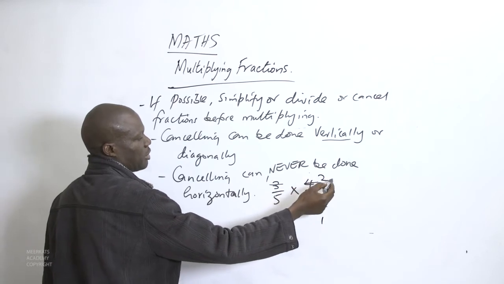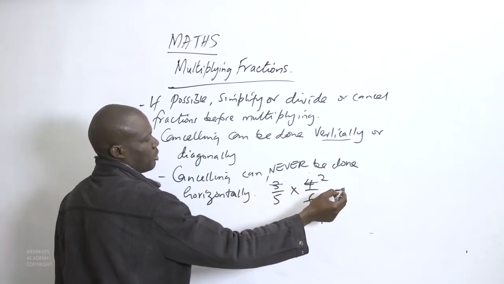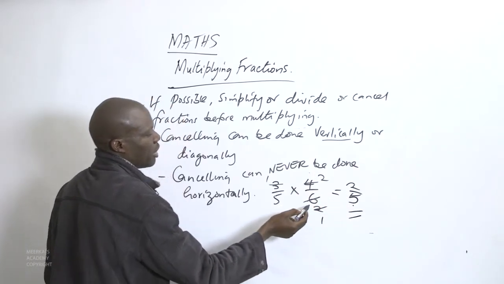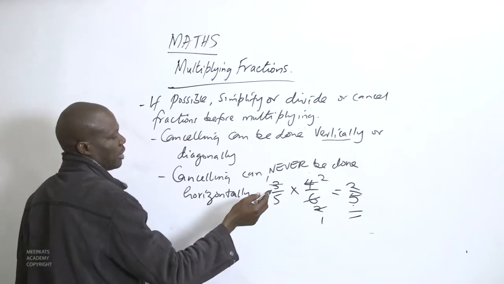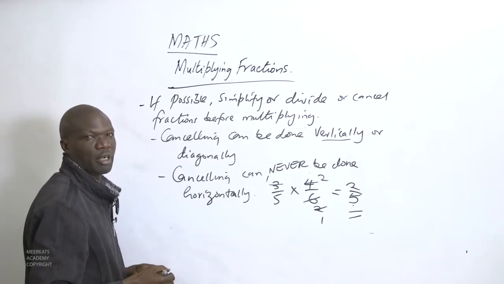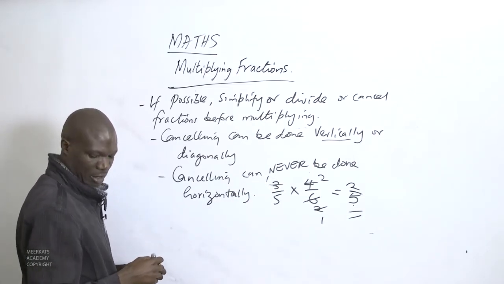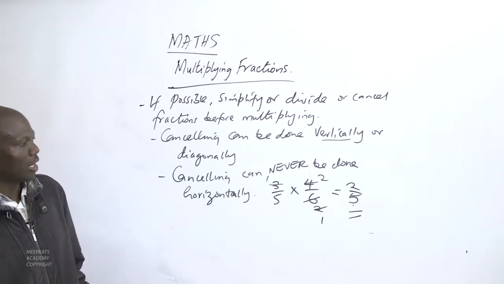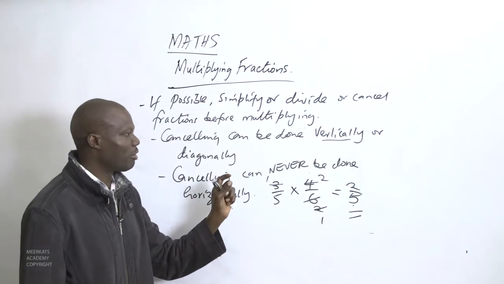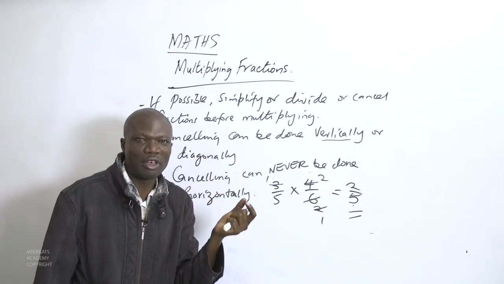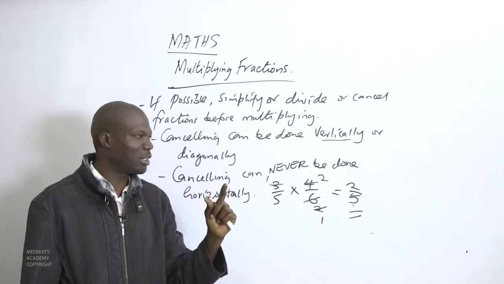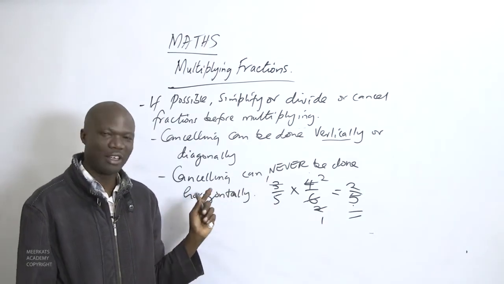So 1 times 2 is 2, and 5 times 1 is 5. Take note that we cancelled this diagonally before summarizing it with a vertical cancellation. So we have seen two ways where we have cancelled: vertically as well as diagonally. But there's a statement here: cancelling can never be done horizontally.